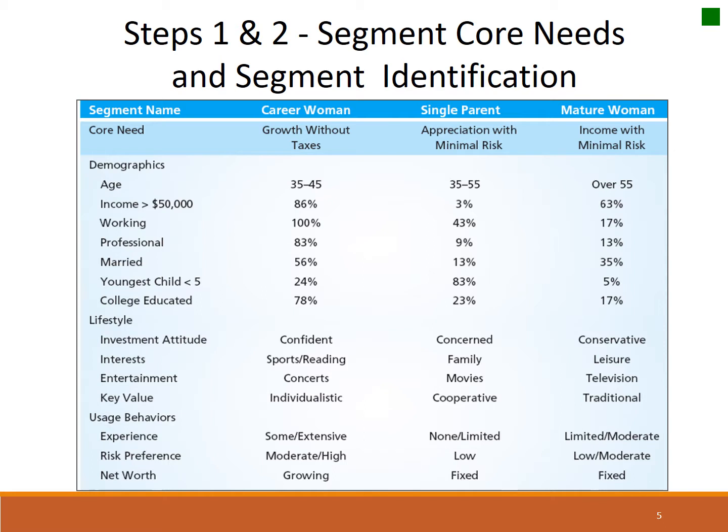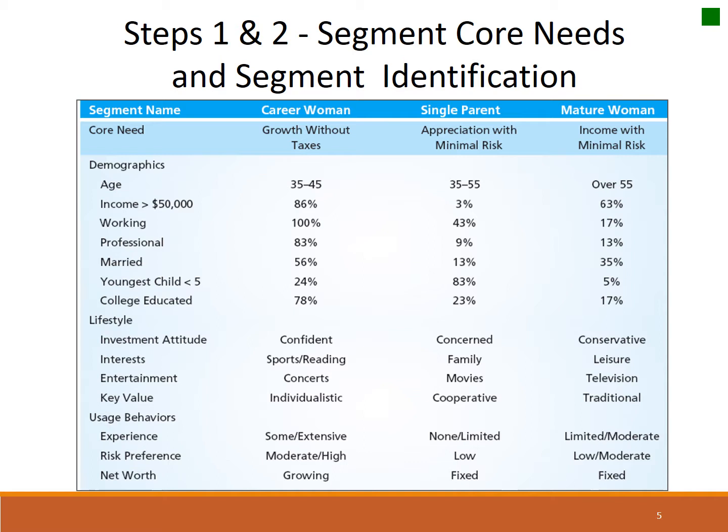And we talk about the different income levels, like what percentage of these market segments are over 50,000, whether they're working, whether they're professional, married. These are all demographic characteristics. Then we have lifestyle characteristics, and then we have behavioral types of characteristics.